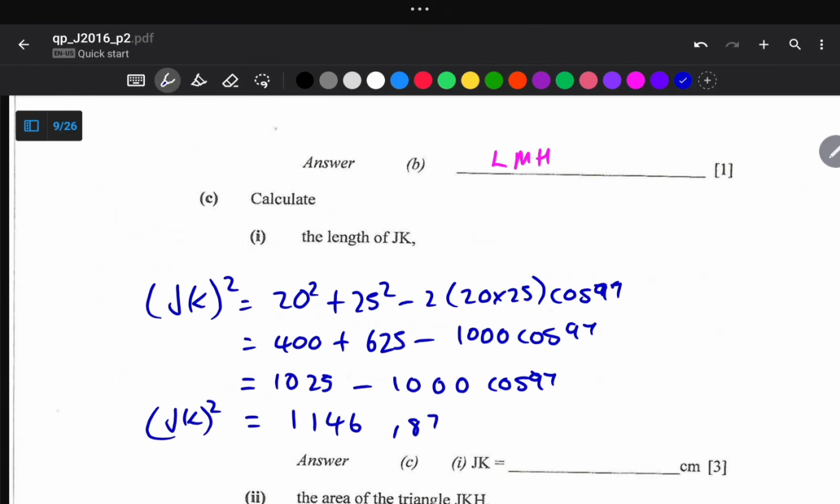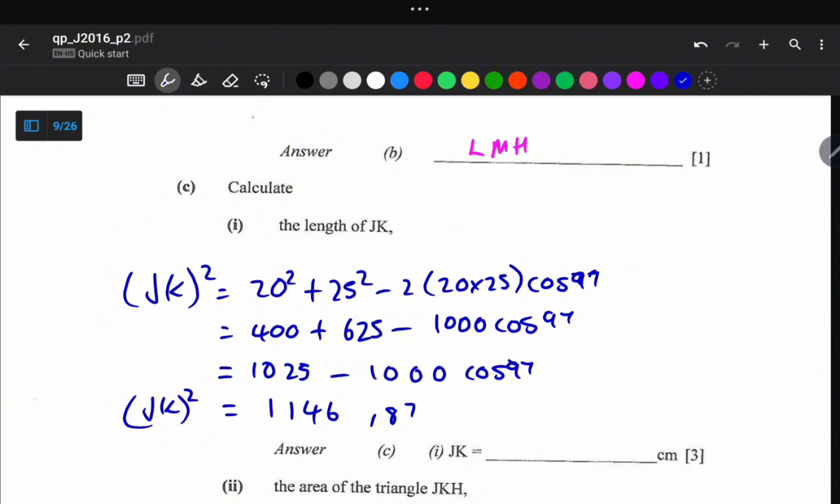For us to find the length of JK, we are going to apply square root on both sides. So JK is equal to the square root of this, which is equal to 33.9 centimeters. So our answer is 33.9 or 34 centimeters. So our final answer is 34 centimeters, correct to two significant figures.